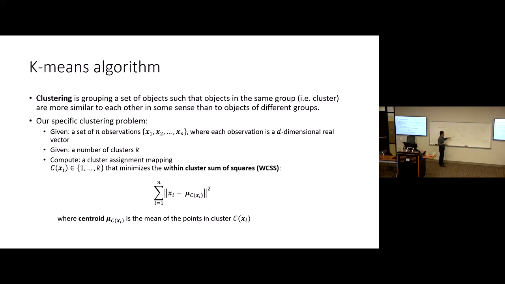When we compute the distance between data points, we use the vector difference. Then we have these two vertical bars, the norm, which is basically the magnitude of this difference.